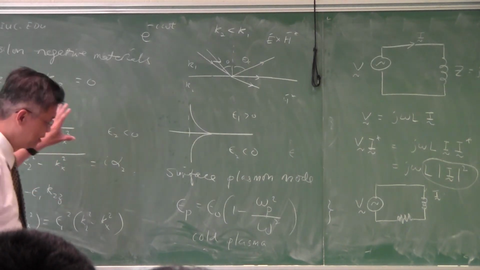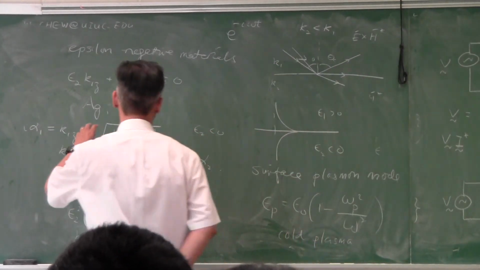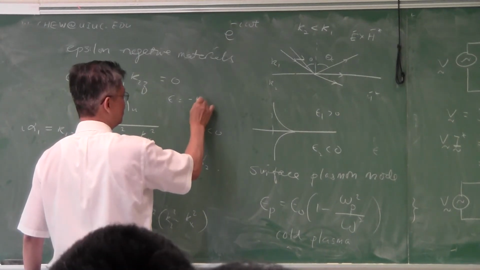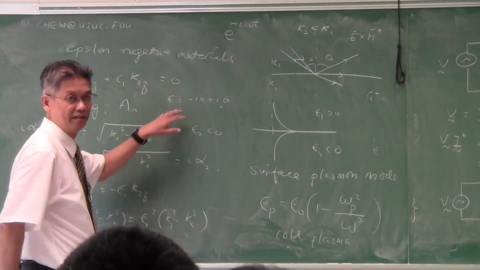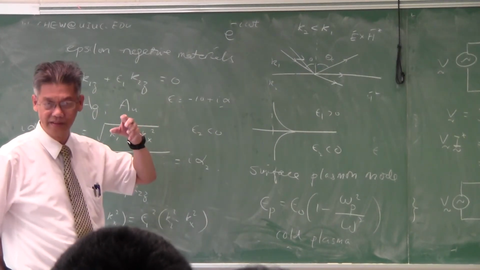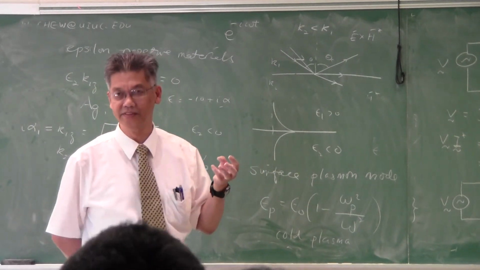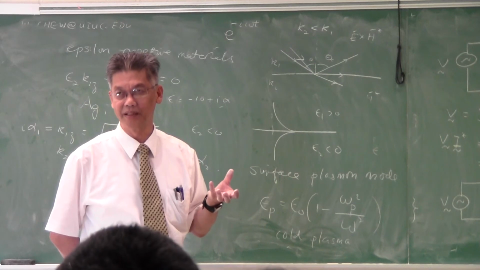As I mentioned before, there will be some loss. For gold and silver, you will have something like epsilon is equal to some negative number plus some loss. This loss is due to collision because at high optical frequencies, the sea of electrons that you see in the metal behaves like a plasma.